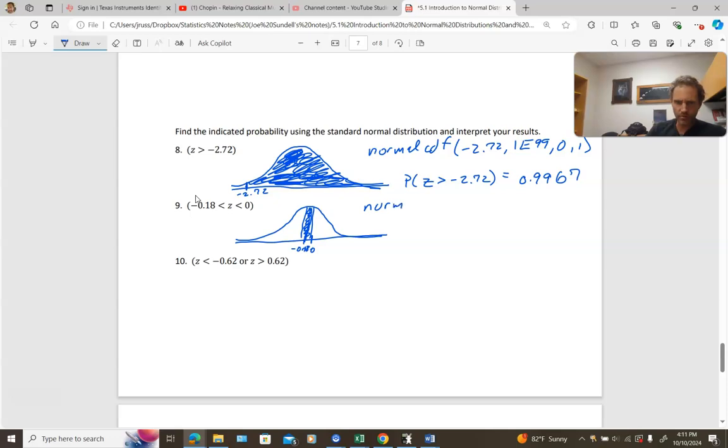You're going to use your normal CDF function. Your lower bound will be negative 0.18. Your upper bound will be 0. And then those parameters will be the same. And when we solve this, we'll be finding the probability that z is within that interval, somewhere between negative 0.18 and 0. Okay. I don't know why I drew a curly brace right there. It should be a parenthesis.